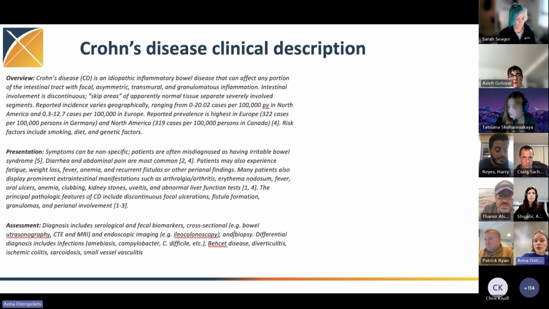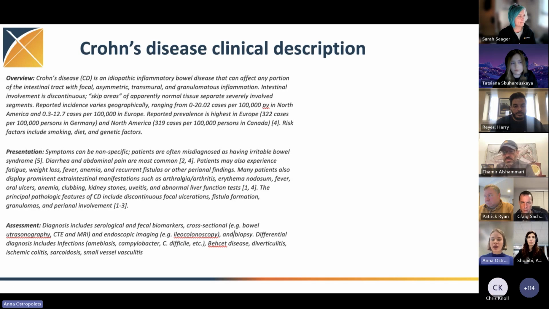It also talks about presentation, and you can see that the description is nice and concise, which was, again, very helpful. The presentation talks about how that condition can present in clinical practice, for example, that patients oftentimes experience diarrhea and abdominal pain.